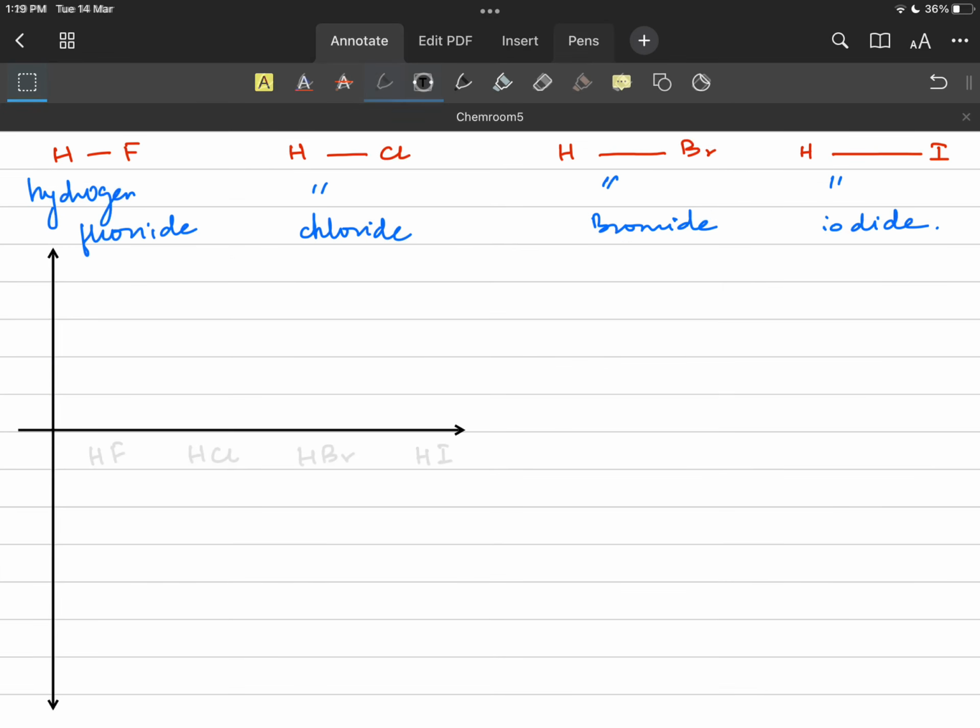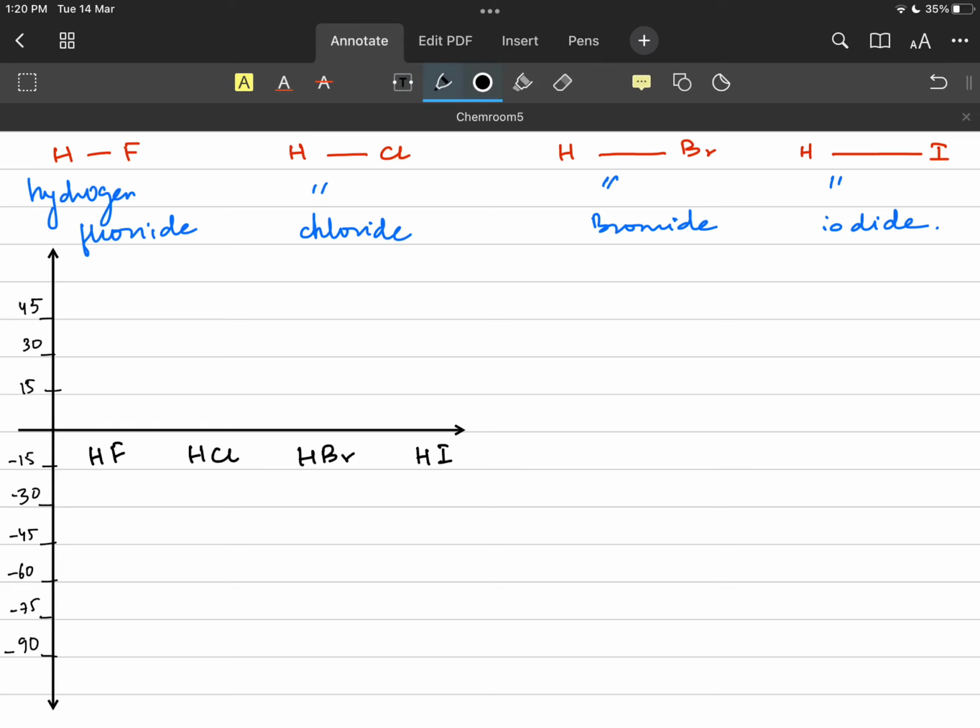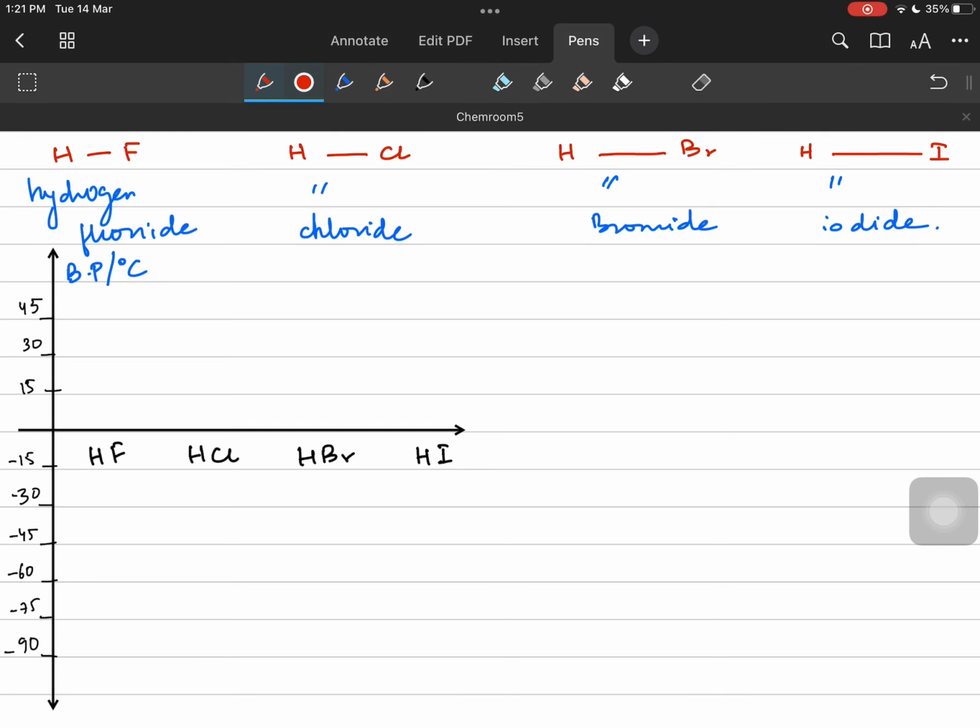When we talk about their boiling point values, I am drawing a graph here which has both negative and positive temperatures. Hydrogen fluoride has a higher boiling point, which is around 20-ish. But HCl has a very low boiling point, which is in the range of minus 84-ish. Then HBr and HI have higher boiling points than HCl.